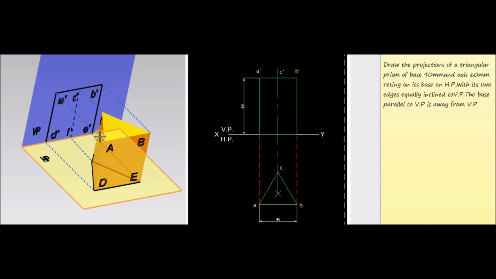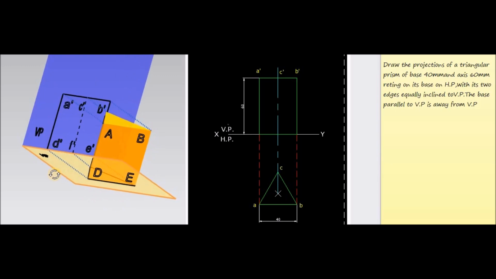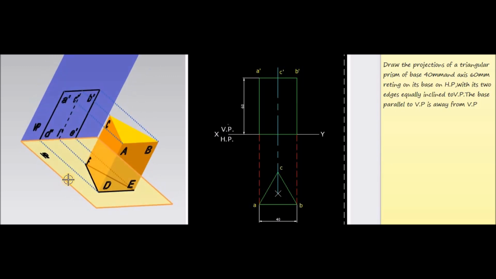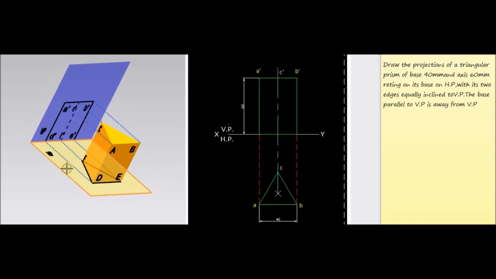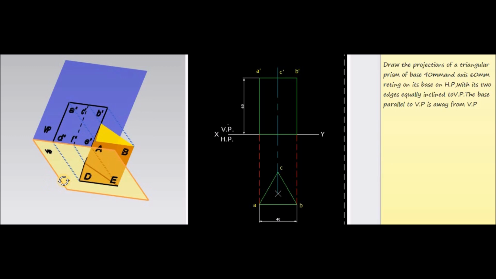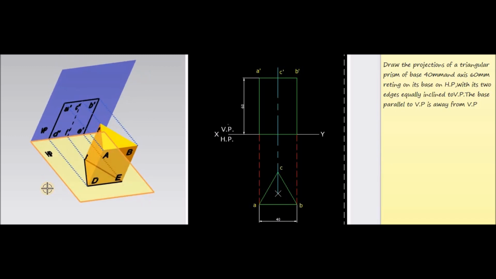Again, the backside corners are C dash and F dash. This is the present case.